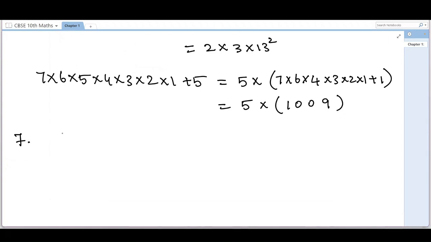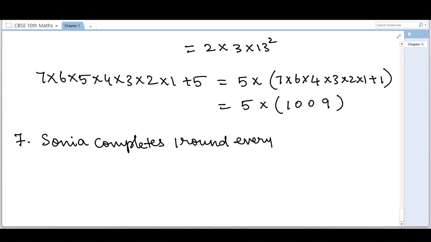So what we can understand from the question is Sonia completes one round after every 18 minutes. For every 18 minutes she could complete one round.